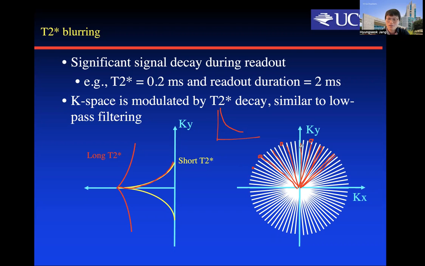So k-space is modulated by this signal decay from your short T2 tissue, which looks just like low-pass filtering. You have higher signal weighting in the center and lower weighting in the periphery of k-space. For long T2 tissues it doesn't affect much, but for short T2 tissue, again, there is this low-pass filtering effect. So this is called T2 star blurring.